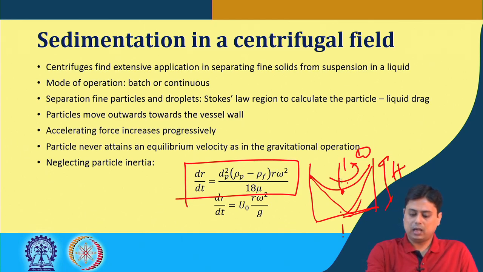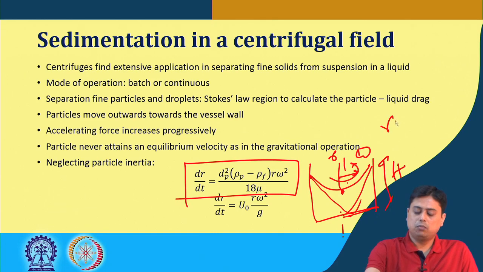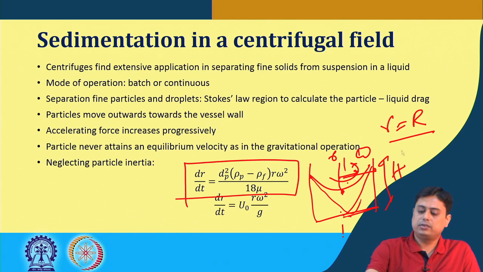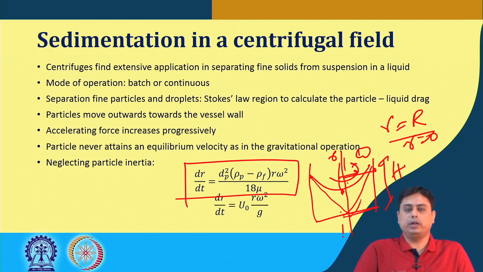That means this r is a small r. So when small r is capital R, the particle touches the wall of the vessel or the centrifuge. When r equals 0, it is basically the axis on which it is rotating, its rotational axis.